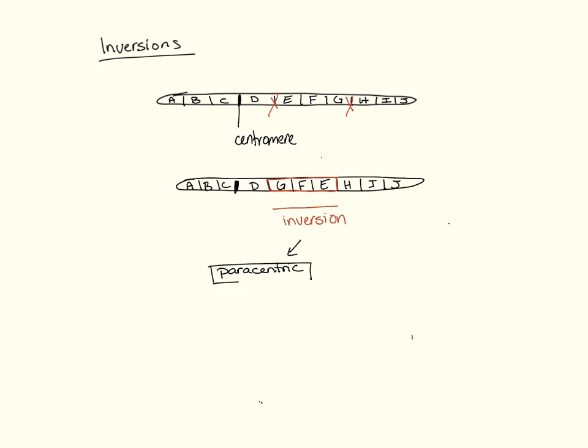So paracentric means that it does not involve the centromere, versus pericentric. And that's where the inversion itself happens, including the centromere.